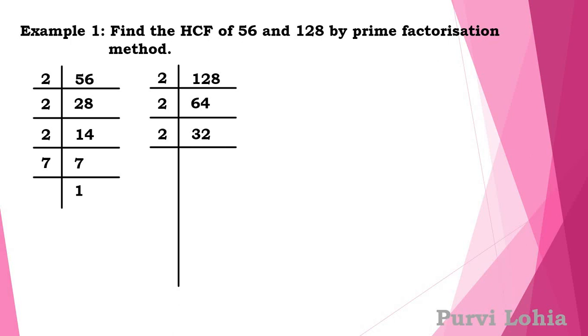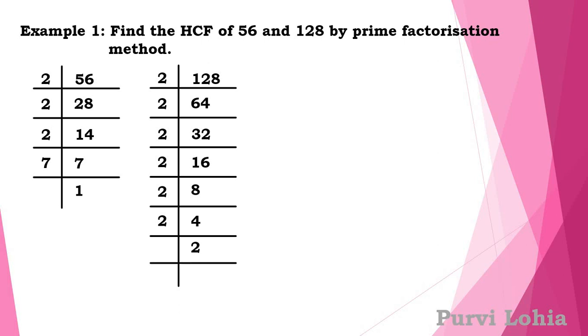Again it will give how much? 16. 2, 8. Again 2, it will give 4. Again 2, it will give 2. And now 2 is a prime number, so it will be divisible by itself to give 1.